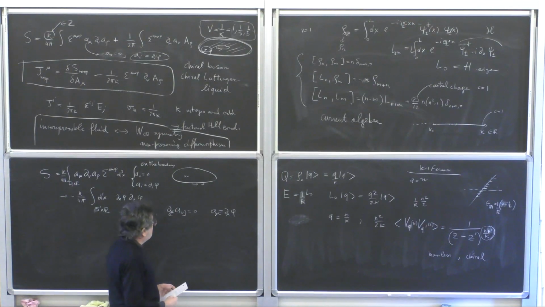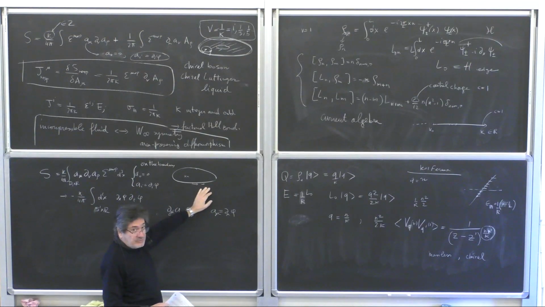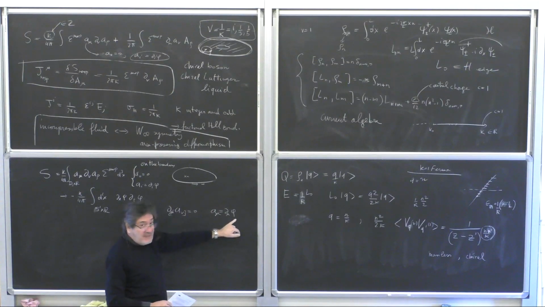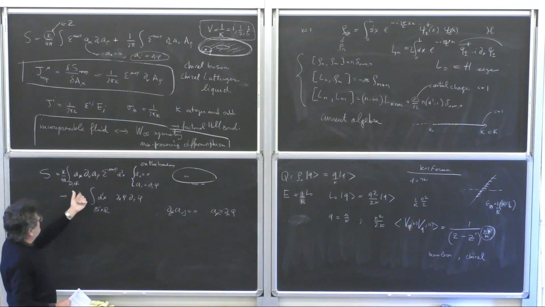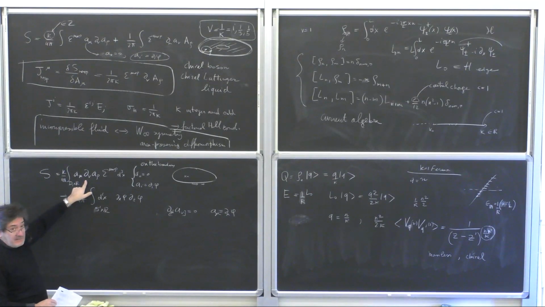Then you say, okay, in the bulk there is nothing, but on the boundary I have some kind of boundary condition to put. And for this boundary condition, I have to use this phi that becomes physical, okay? So what would be the kinetic term for this phi? It is inherited from the bulk theory, okay?